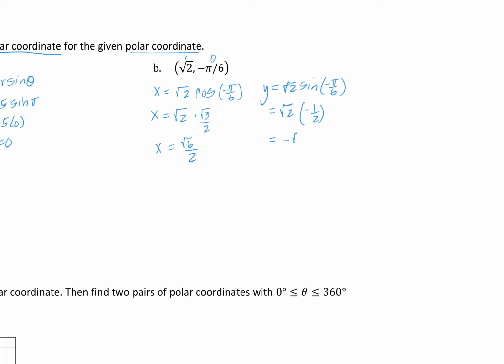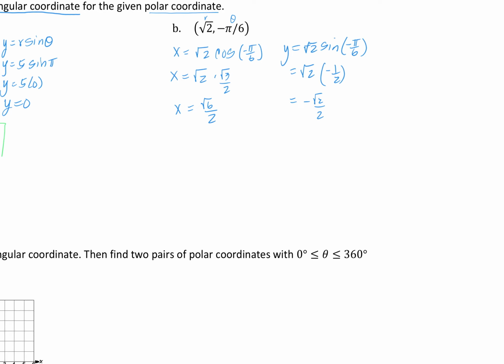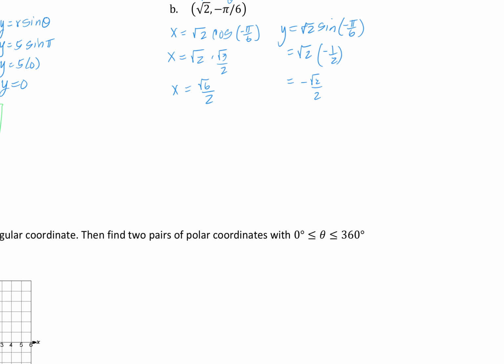So we have negative square root 2 over 2. And again, we're not done. We have to write the ordered pair. And the ordered pair would be the square root of 6 over 2 comma negative square root 2 over 2 in parentheses. So again, going from polar to rectangular, when you're just trying to find a point, super easy. You just do a straight substitution.